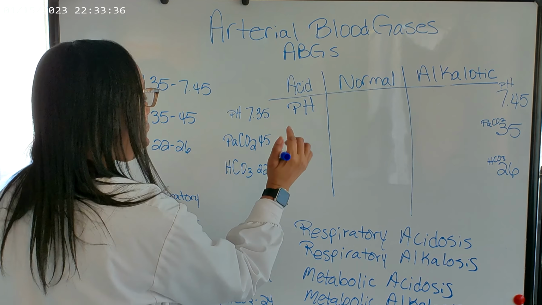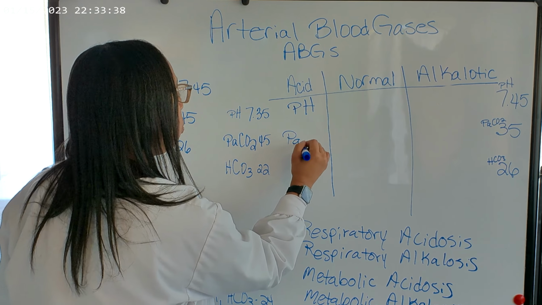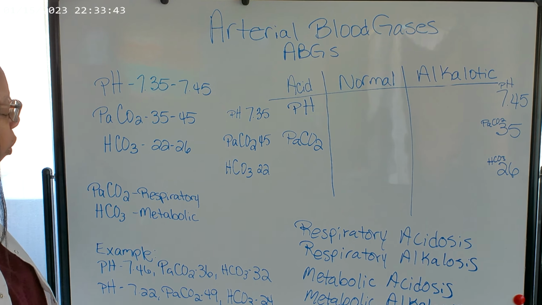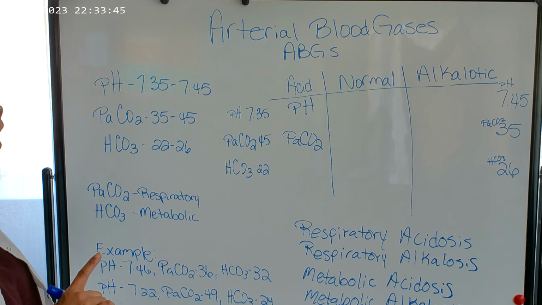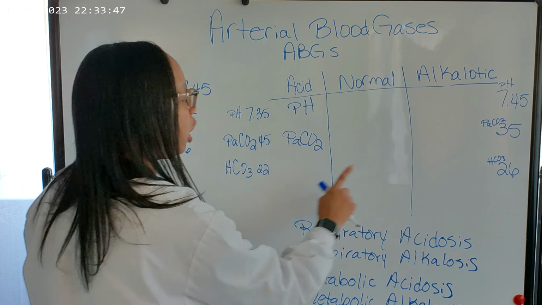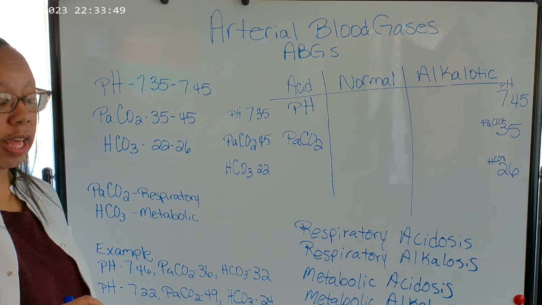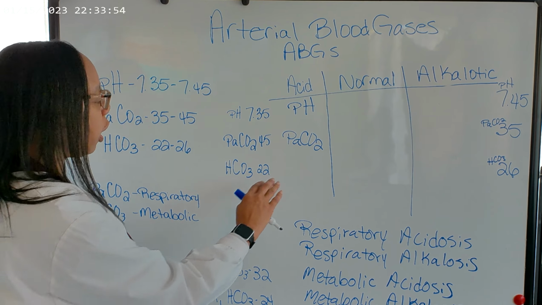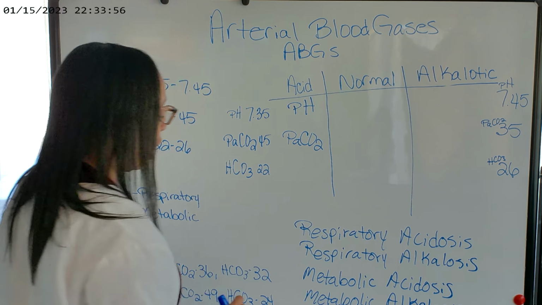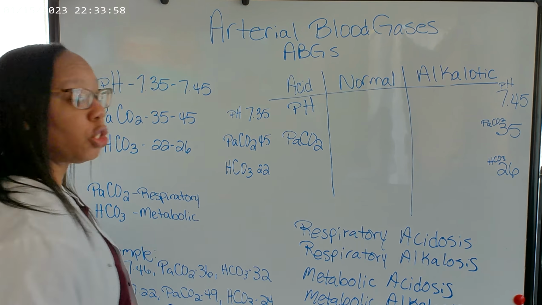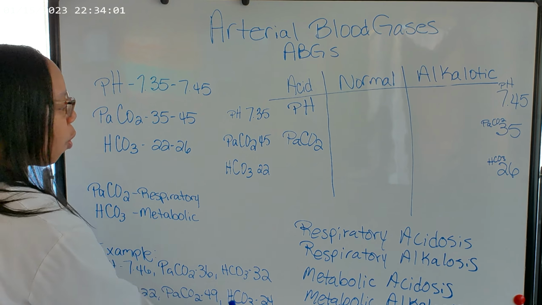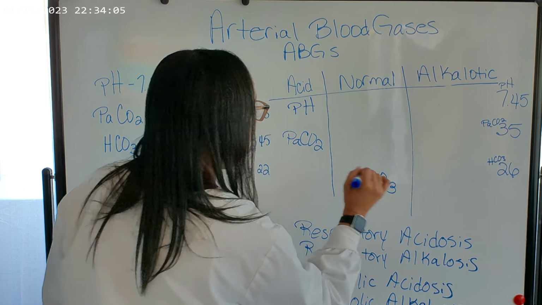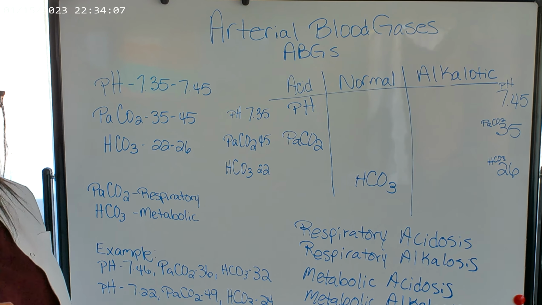So therefore, our PaCO2 is going to be acidic. Our bicarb is 24. Our range is 22 to 26. Does it fall within that range? 24, yes. So right now, our bicarbonate is normal.